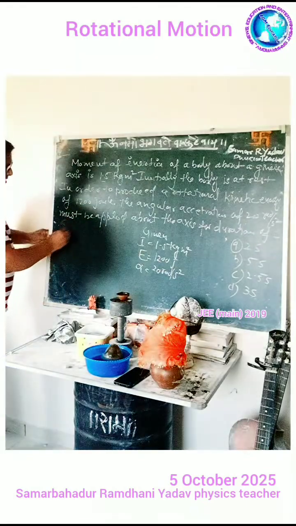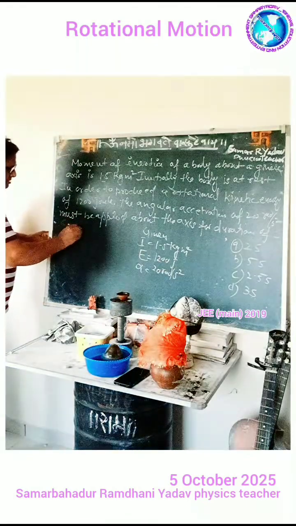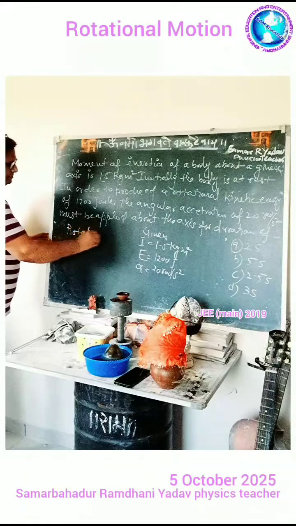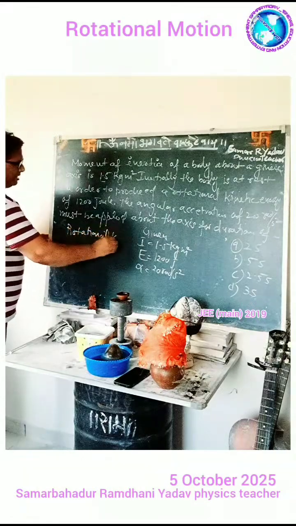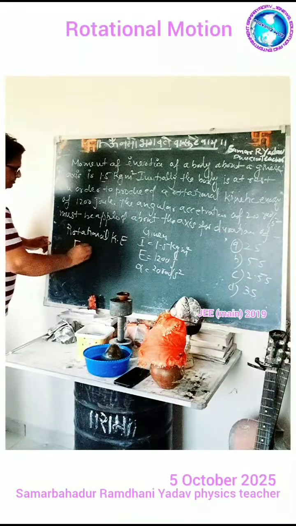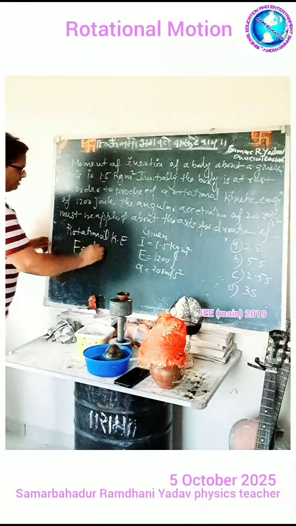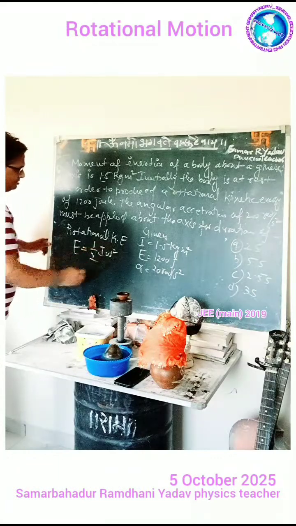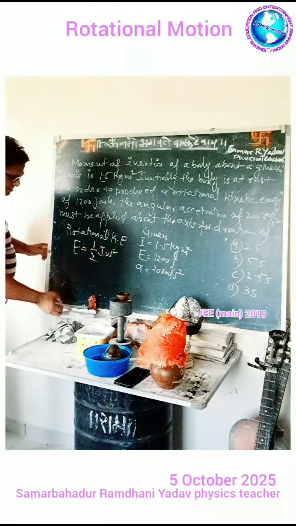Now we know that the rotational kinetic energy E is equal to 1/2 I omega square.